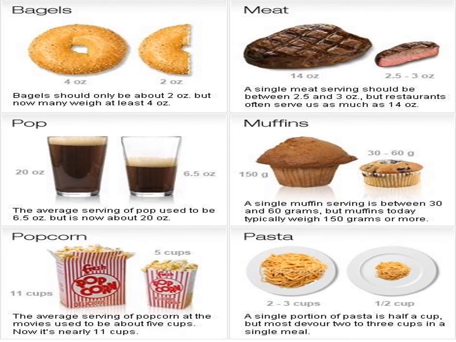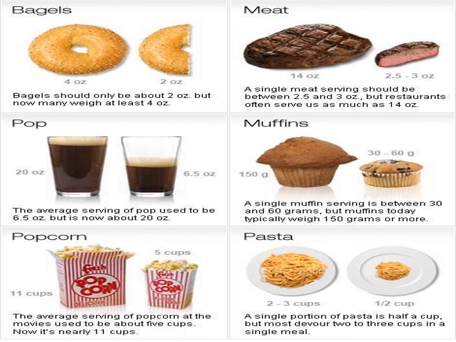For pop or soda, the average serving size of pop used to be 6.5 ounces, but now it's 20 ounces, which is 3 times more. When you look at bakery products like muffins, a single muffin serving used to be between 30 and 60 grams, but muffins today typically weigh 150 grams or more, and that's 5 times more.